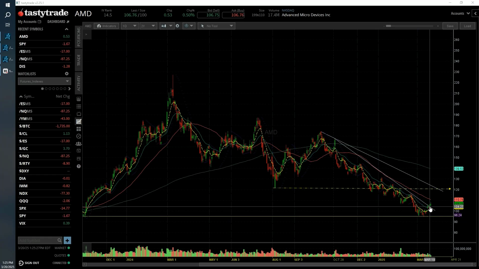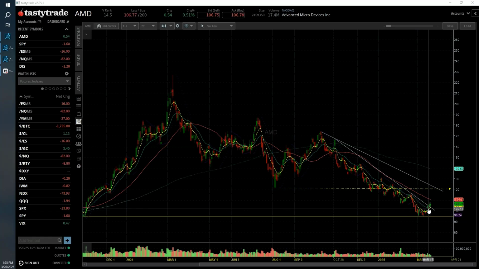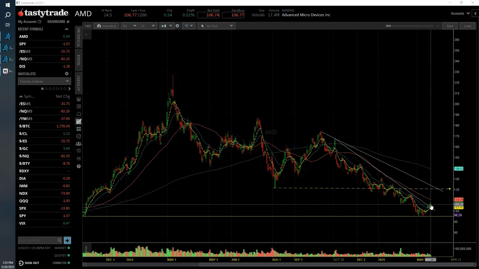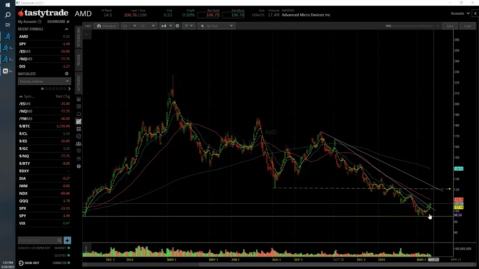on a credit basis. I want to sell credit down below here with the avenue of, if it fails to hold this trend line, I am going to then purchase shares for a very inexpensive price. If I take a look all the way back to October or November of 2023, you can see that low at that 95 level got tagged a couple of times, and now we've bounced.